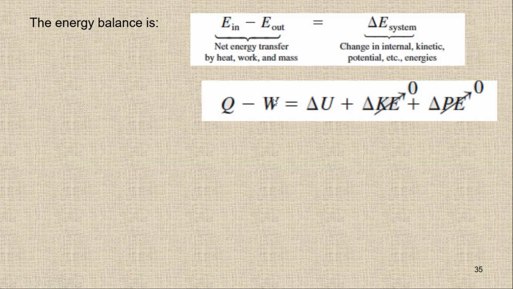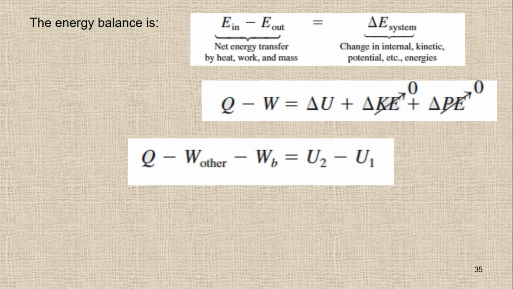But in our case, we have two different works. We have electric work and moving boundary work as well. So here you can see I have two works. This is Q, the heat transfer, minus W other, which is W electrical, minus WB, the boundary work, and on the other side it's simply U2 minus U1, the change in the entire energy.